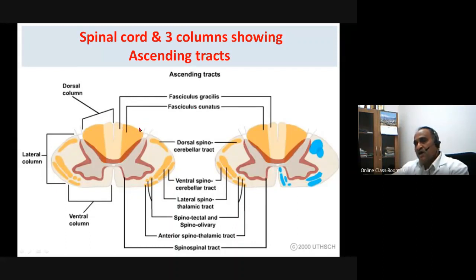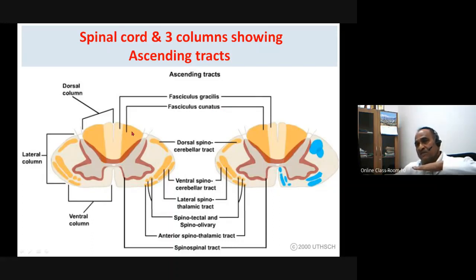So now these are known as primarily the fasciculus gracilis, or gracilis bundle, the gracilis tract, and the cuneatus tract. Cuneatus is the tract which takes the information from the upper thorax and the neck, neck and head.